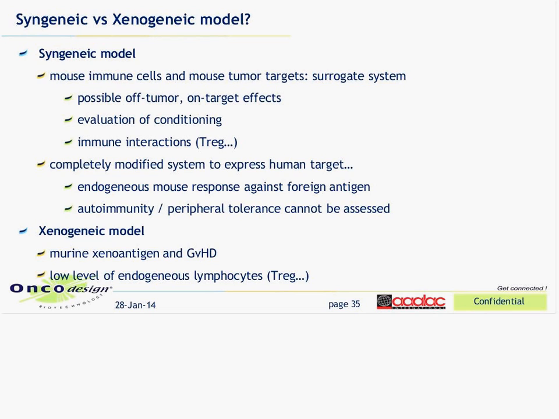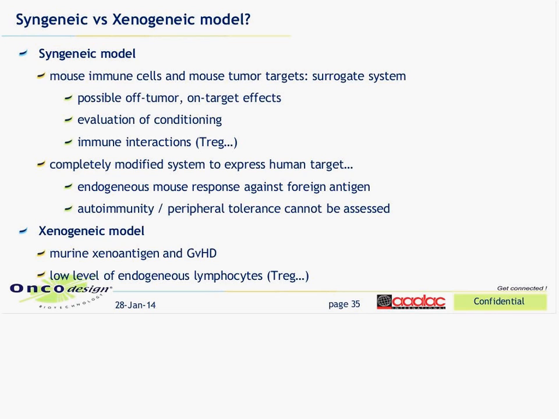There is a possibility to analyze the off-tumor on-target effects. There is also a possibility to evaluate the conditioning of the animals before the transfer of these T cell therapies, and there is also a possibility to analyze the immune interaction with the immune component of the mouse.